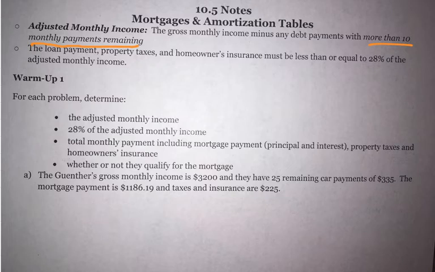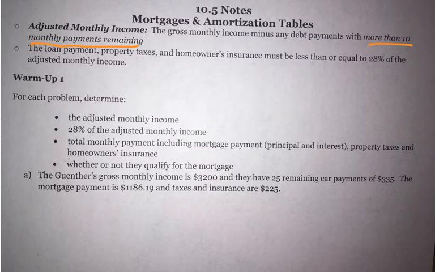dead set rule of thumb is because anything more than that is considered a long-term loan. So if you have a child and you purchase braces for them and it's going to be $2,500 over 5 months, that's not considered a long-term debt.